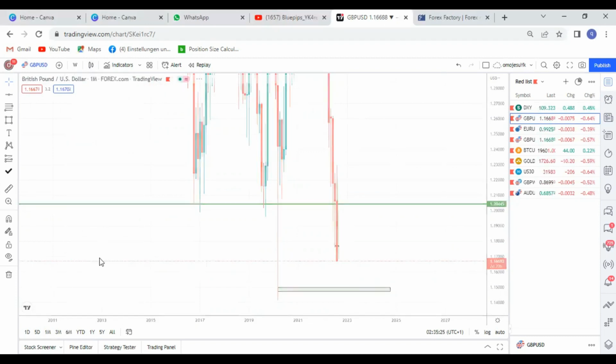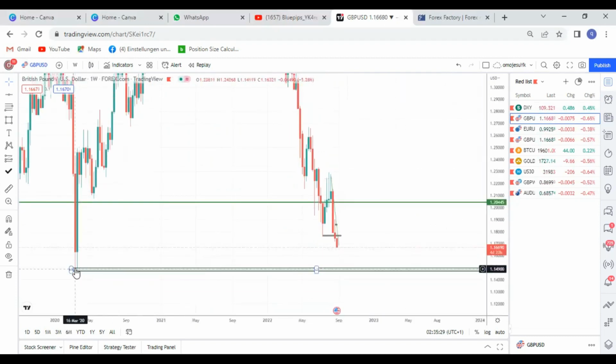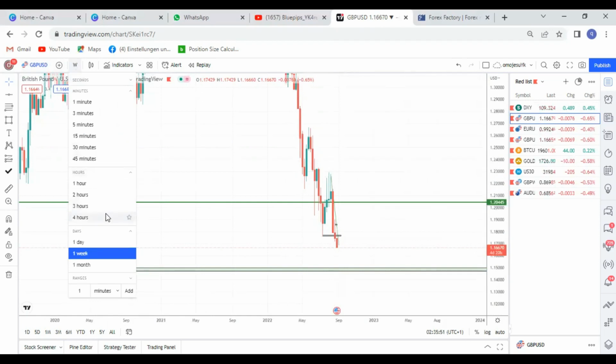Let's go to a weekly to see where the line is coming from. You can see the line came from the low of 16th March 2020, which was during COVID. So I'm expecting GBP USD to sell up to the COVID low. But don't just jump into the trade, okay?